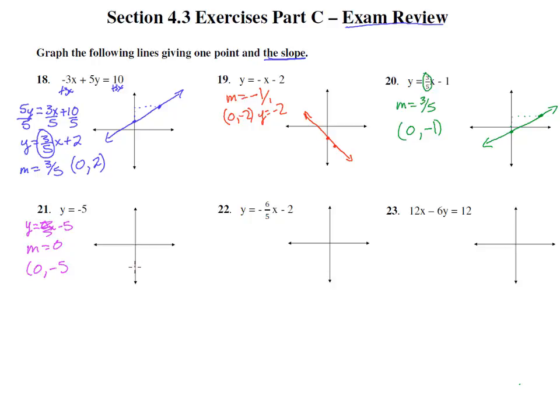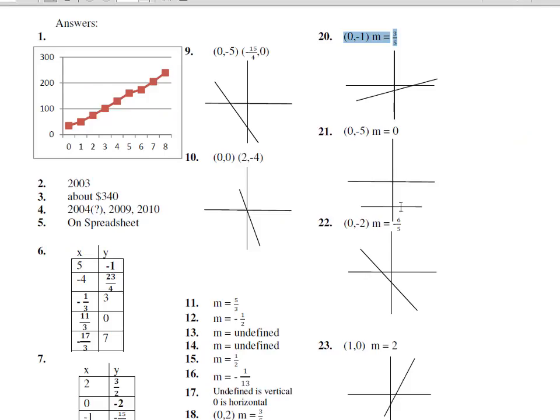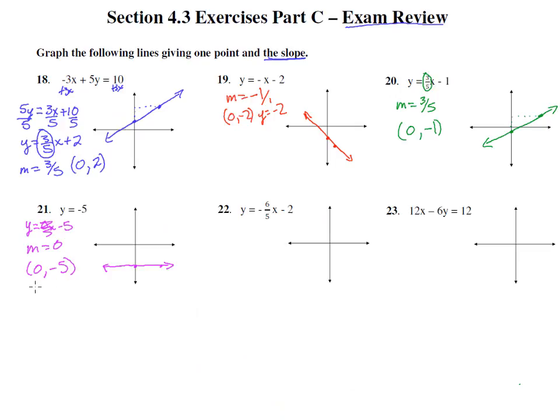So you have a 0, negative 5 right here, and a slope of 0 meaning horizontal, meaning you go up 0 and over a certain amount, and you'll get a second point. Let's check the answer. They did 0, negative 5 and a slope of 0, but we could have had any point in there with a negative 5 for the y, like 7, negative 5 or 10, negative 5, as long as y was negative 5.